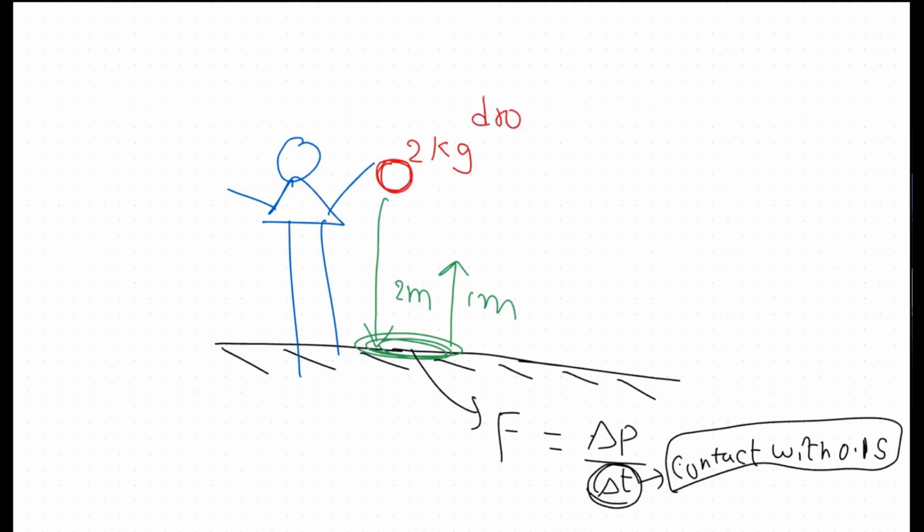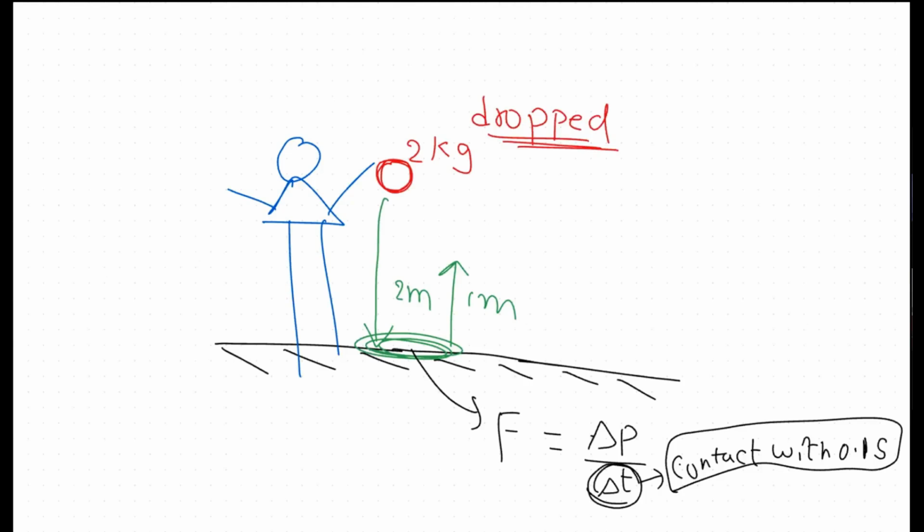No, 0. Dropped, I told dropped, correct or not? That means it is 0. But it will attain velocity once it reaches the ground. How much velocity will it attain? Velocity it will attain by reaching the ground.